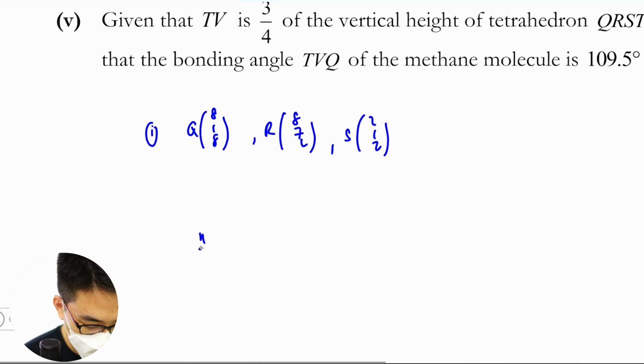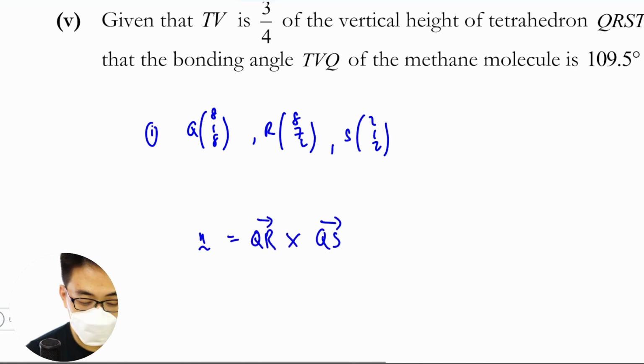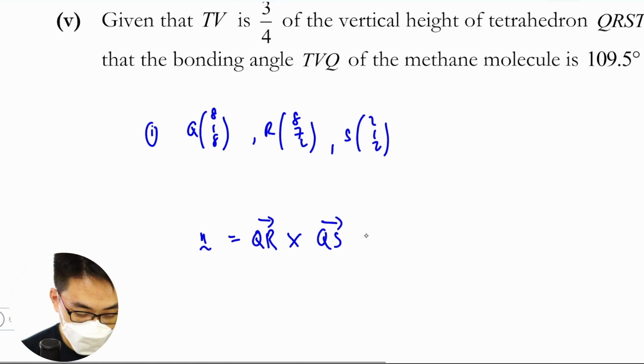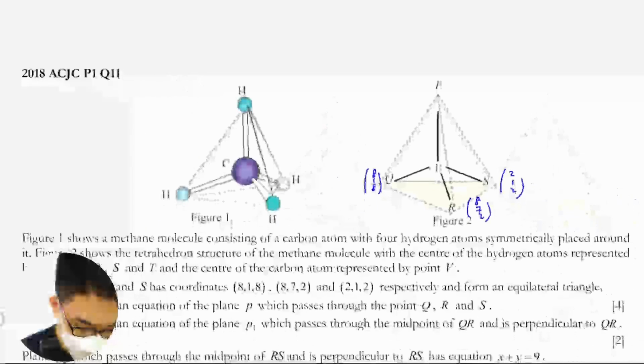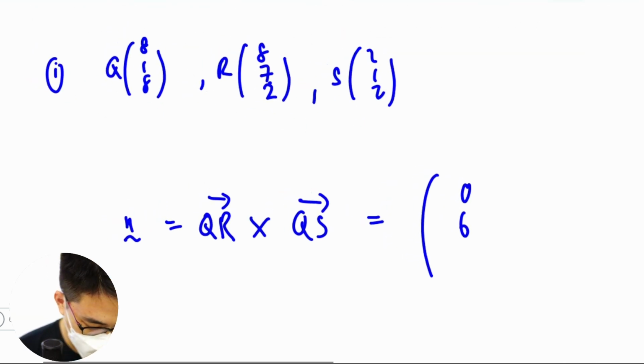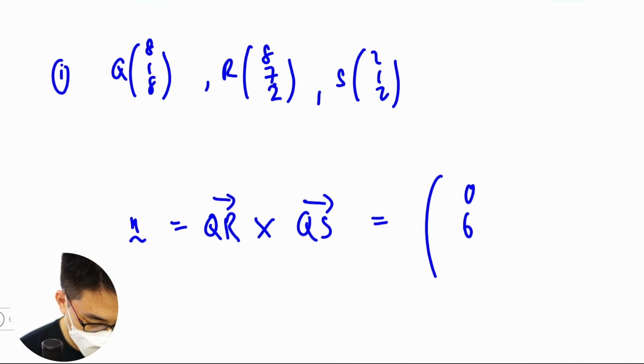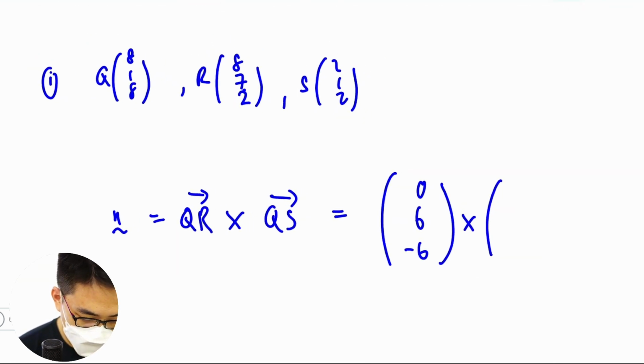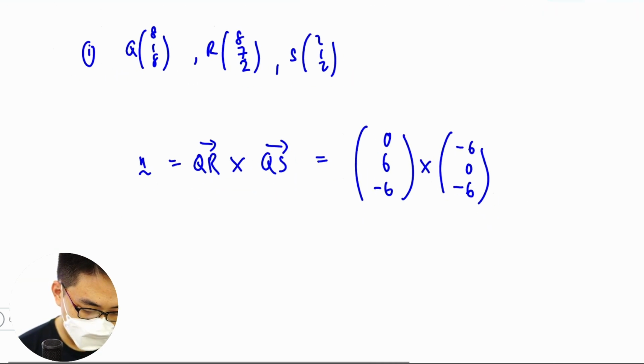Okay, so the normal of the plane is QR cross with QS. It doesn't matter which one you take. In this case, QR will be (0, 6, -6) cross with QS, (-6, 0, -6).